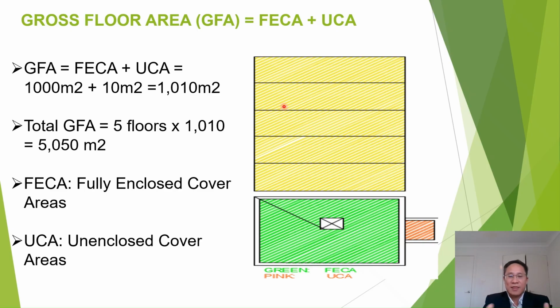That means it has wall covering, and the top must have something covering it. A floor without any cover on the top, we cannot calculate as FECA. On that basis, the roof and the top of the basement we should not calculate as GFA.